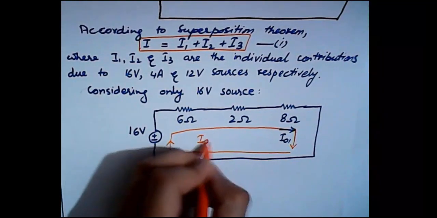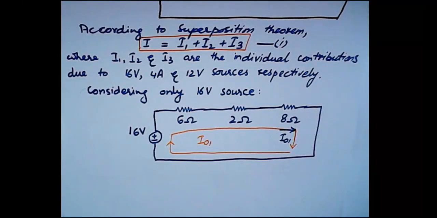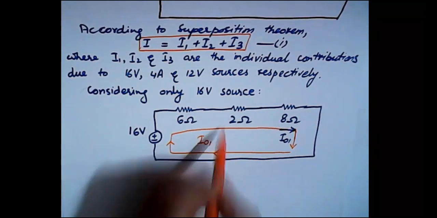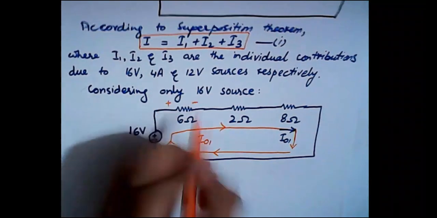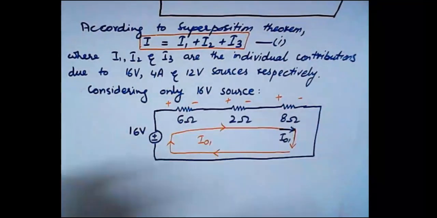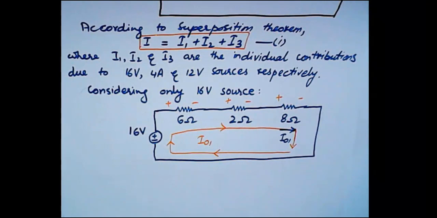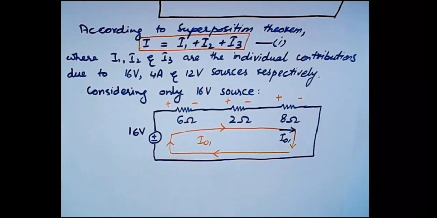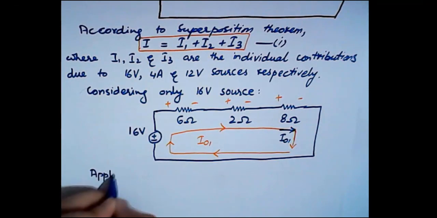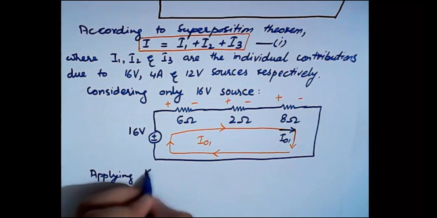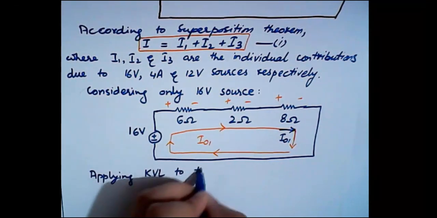There is only one loop in the system, so this current I naught 1 is flowing through the system, right? Let's assign the polarities and apply KVL to the mesh.